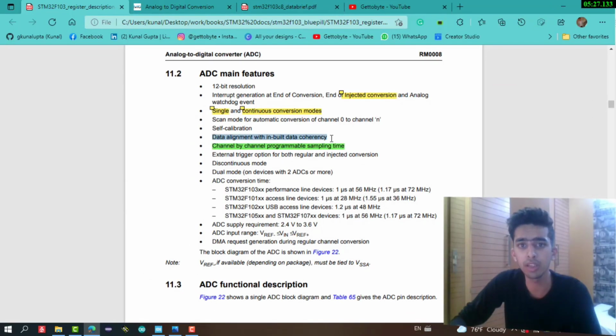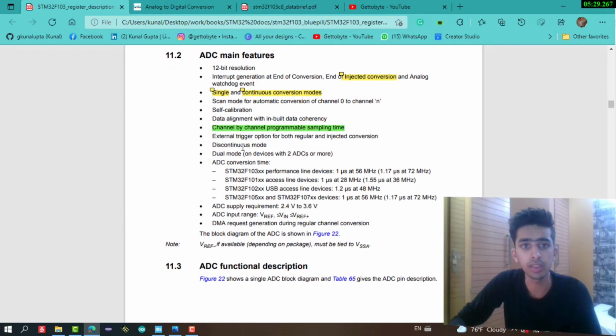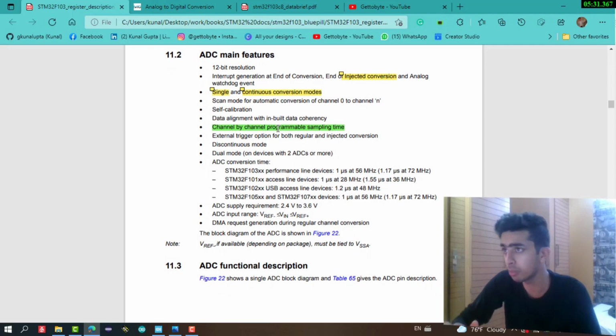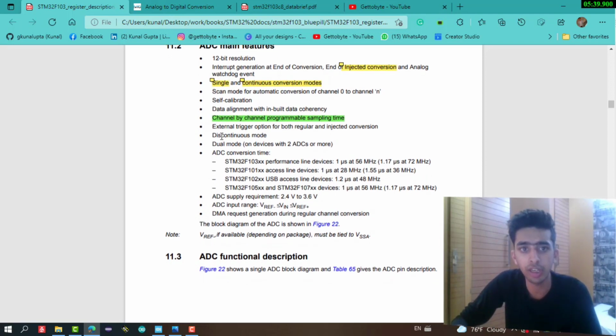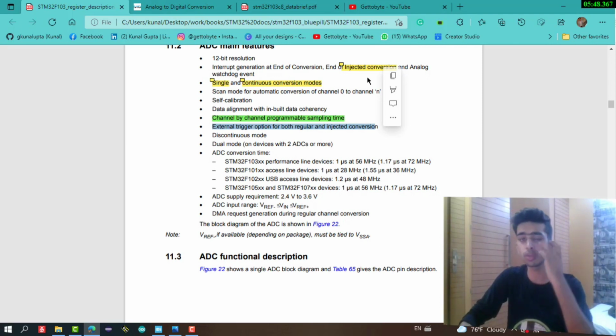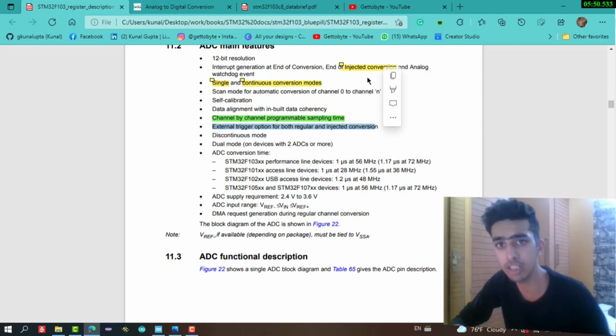Data alignment here is okay. Then we have channel by channel programmable sampling time, so we can sample each channel with an application-dependent sampling time for the project which we are creating. Then we have an external trigger option for both regular and injected conversion. As I have told you, there is a concept of two groups in the ADC, regular and injected group.